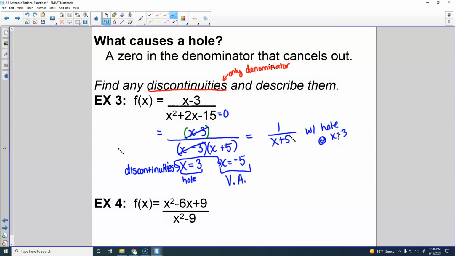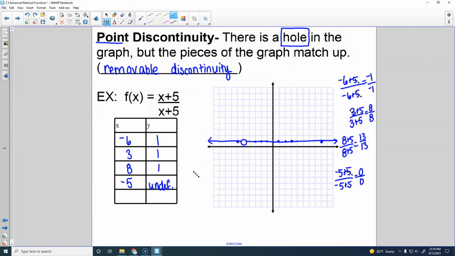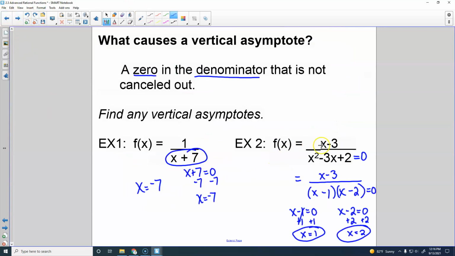Yes? Will there always be something that cancels out? No. So like on that last problem we did on example 2, nothing canceled, right? So I factored the denominator, and I had a numerator there, but it did not cancel. So it just means there's not a hole, but there's two vertical asymptotes. Very good.